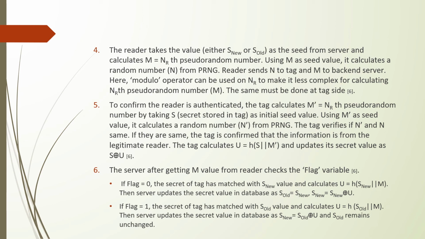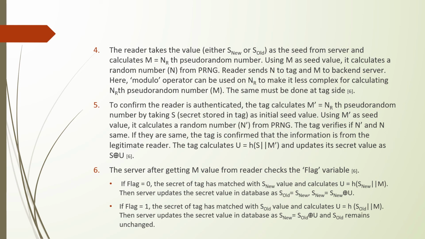And to confirm the reader is authenticated, the tag calculates N dash, that's the Nth pseudo random number, by taking S, the secret seed stored in the tag, as the initial seed value. Now using M dash as a seed value, it calculates a new random number. The tag verifies if N dash and N are the same.